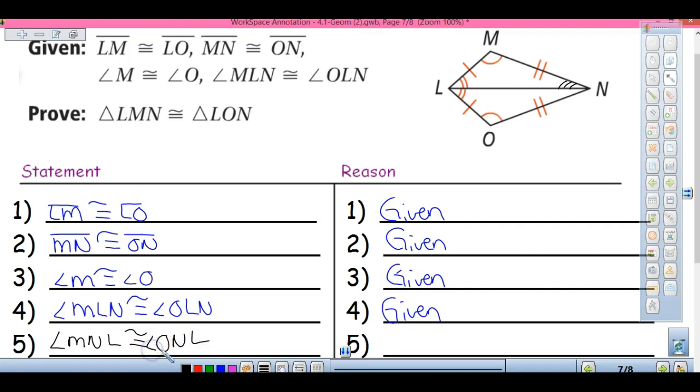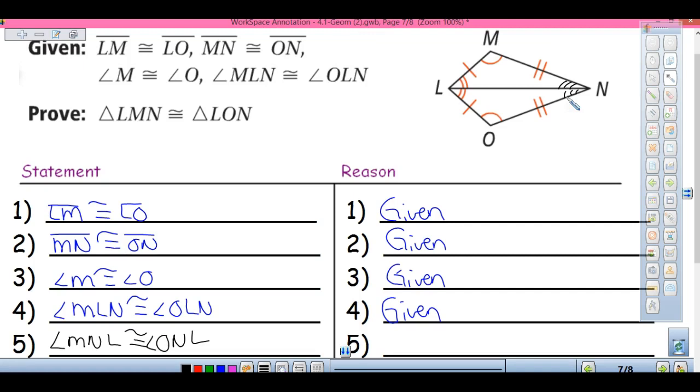I also almost always mark up my picture like that. Okay, my diagram. Okay, what else? So the definition of congruence tells us that all the sides and all the angles have to be congruent, right? So what are we missing? We have 2 sides.